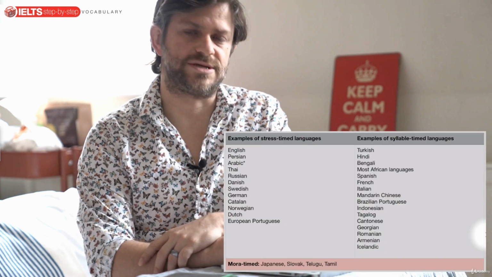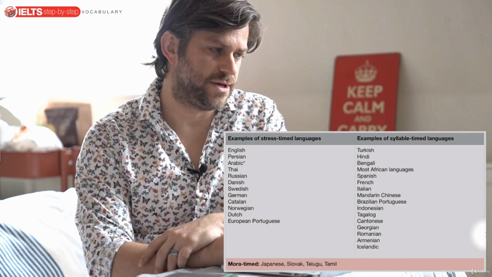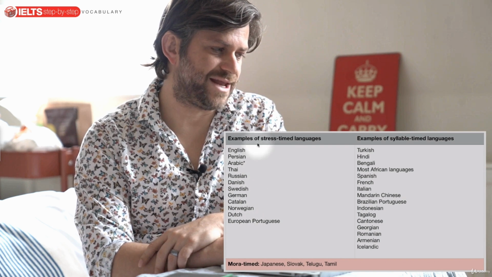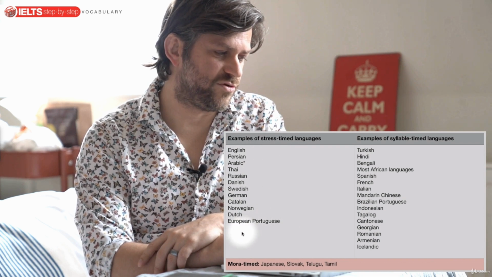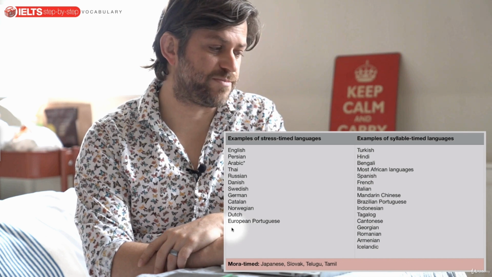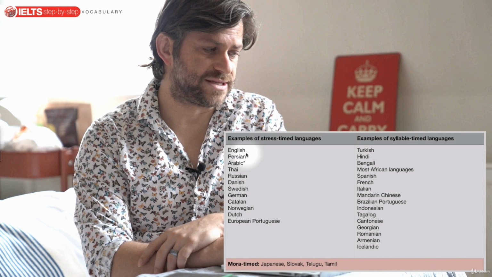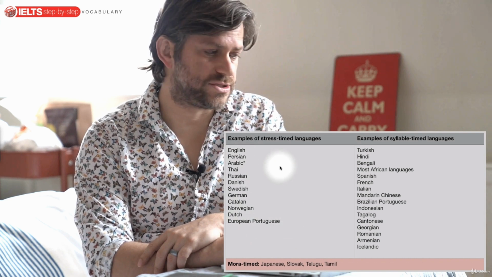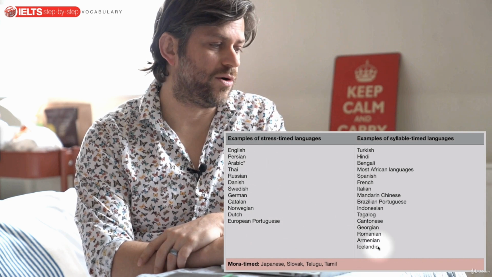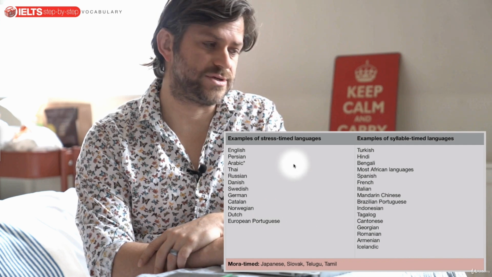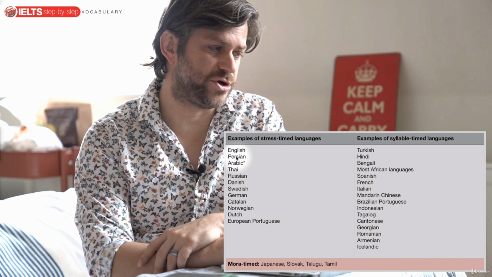Okay, so let's have a look at the languages that are syllable timed and stress timed. So all of the stress timed languages are on the left. Not all of them, there are a few more. Some of the Nepalese languages, for example, over here. But the Germanic languages, with the exception of Icelandic, all sit in the stress timed languages, including Farsi or Persian.